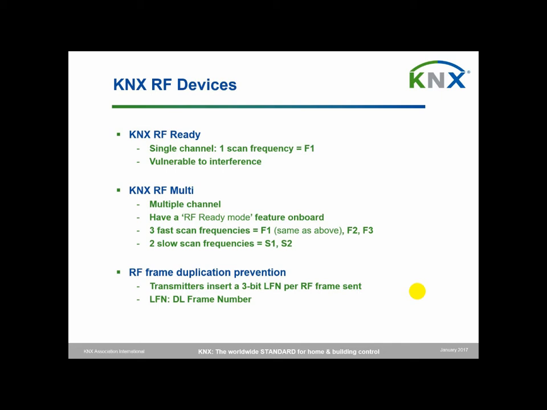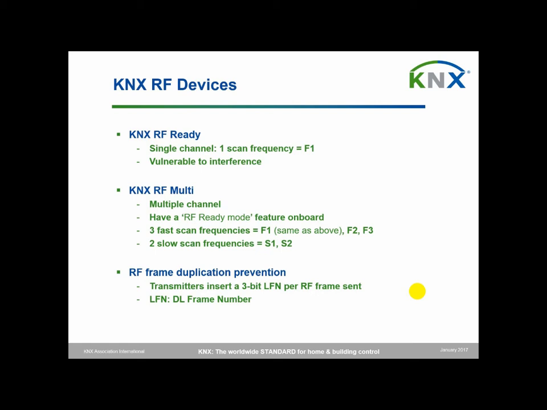Therefore, RF multi devices have been introduced, multiple channel devices, so multi stands for multiple channel. They have, however, an RF ready mode feature on board, so the RF multi devices are able to recognize RF ready devices and will be able to communicate with them, so they are, so to say, compatible.